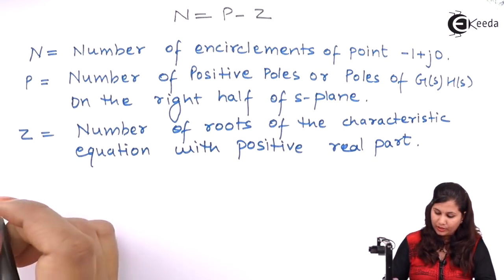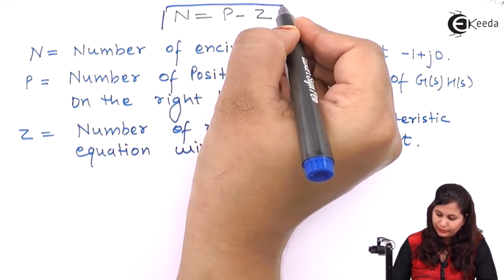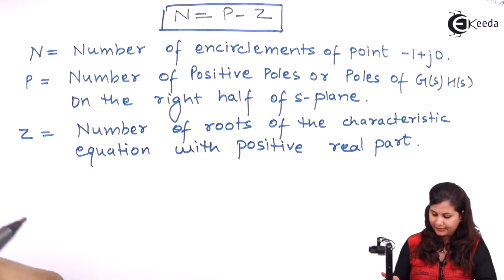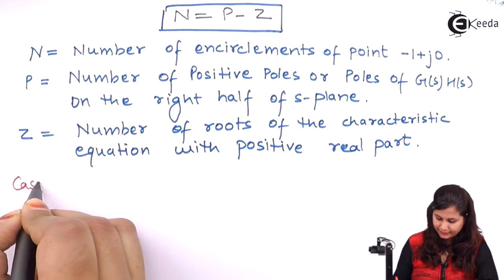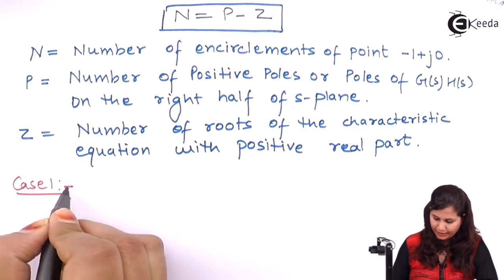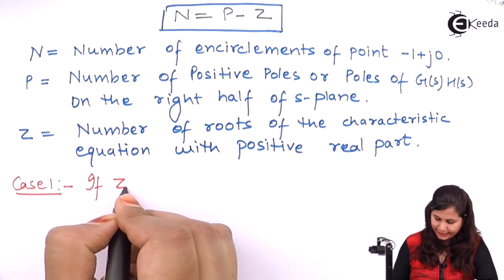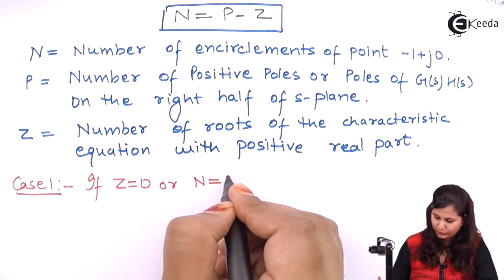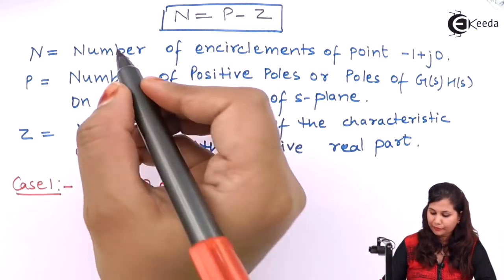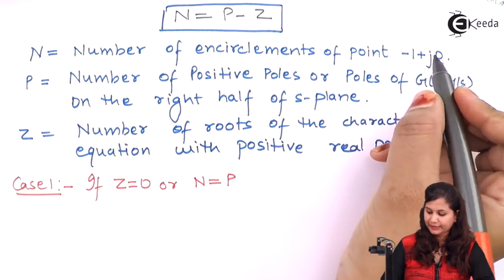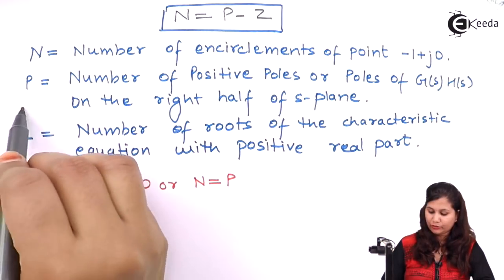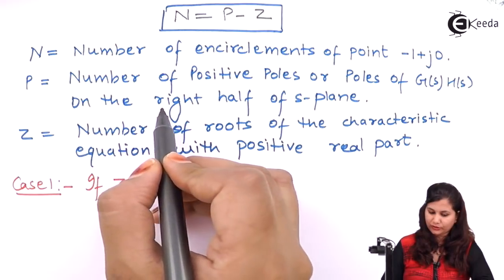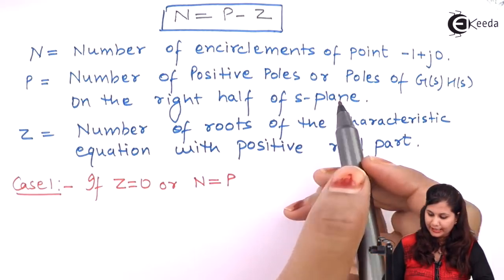Now when we calculate N equals P minus Z, there are three cases. First case is if Z is equal to 0, or we can say that N is equal to P. That is, the number of encirclements of the point -1 plus j0 is equal to the number of positive poles, or poles of G(s)H(s) on the right half of the S-plane.